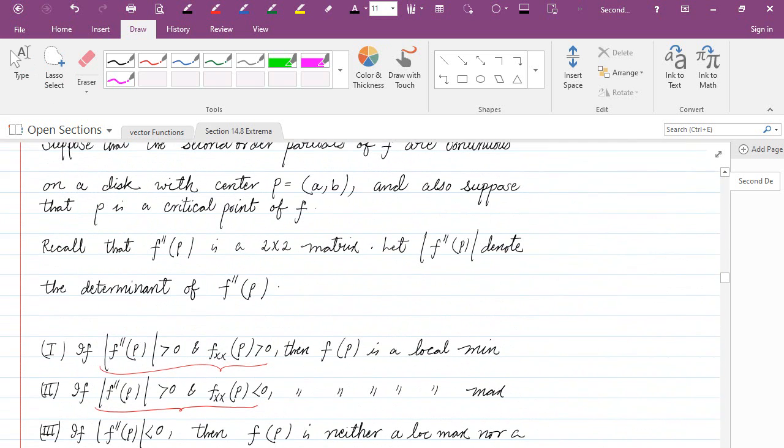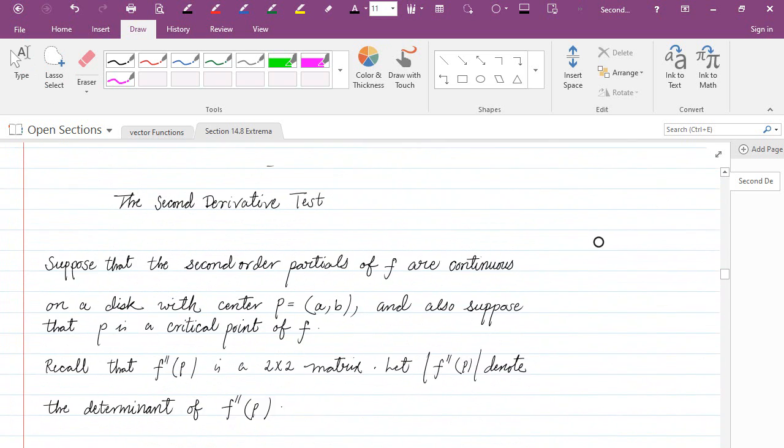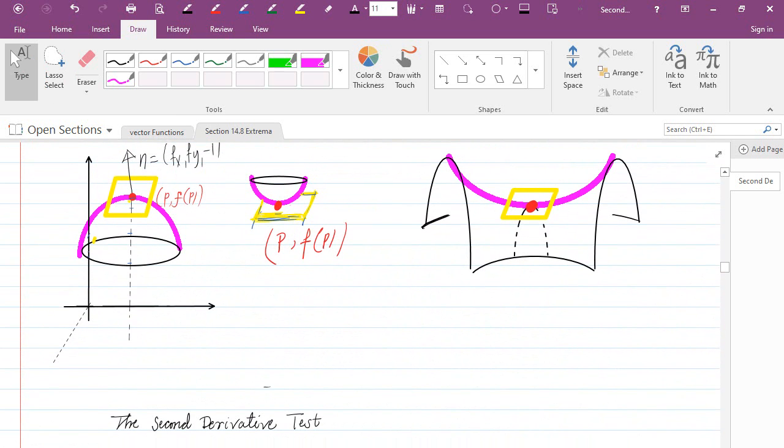So basically what we are trying to do is that we have this critical point and we want to know whether at this critical point we have a local max, local min, or neither, a saddle point.